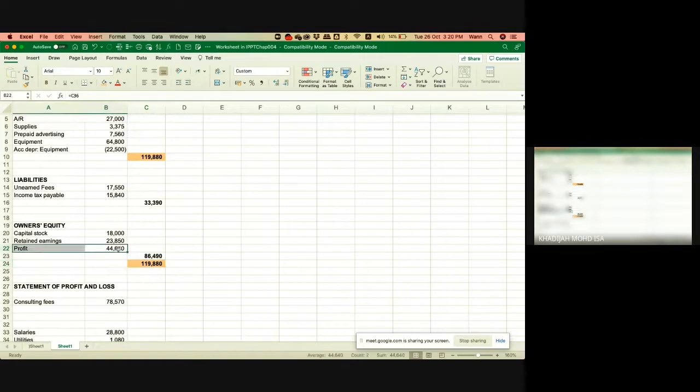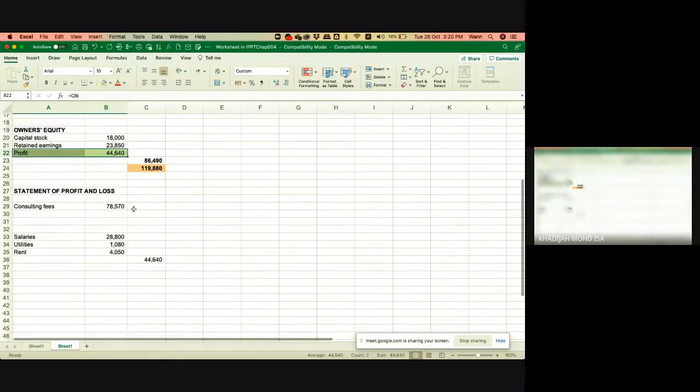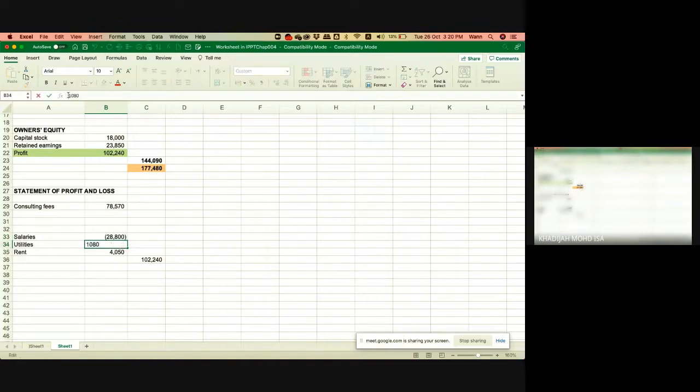So how do I get this profit? Profit here is actually computed based on my statement of profit and loss. So I have a consulting fees revenue of 78,570. And then now I have expenses for salaries, utility and rent. So I can have it like this, minus, right? This one is also a minus. This one is a minus.